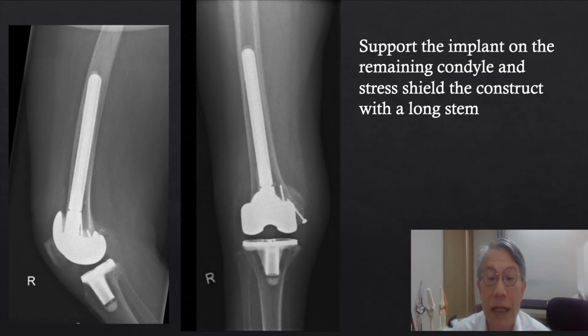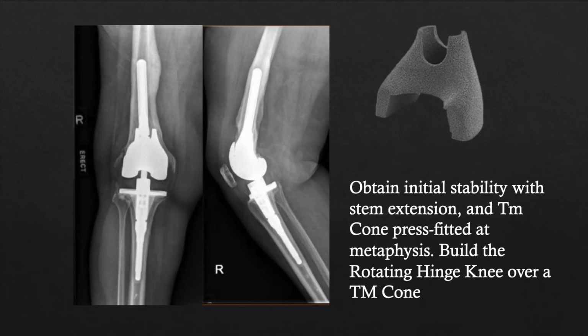Or if you have enough structural support and you just lose one condyle, you can attempt to fix it back for stability of the collaterals and secure the implant on the remaining bone with a long diaphyseal fixing stem and sitting on the cortical bone in the notch. Still possible. Or in a case like this, where you could then get diaphyseal fixation, metaphyseal fixation with a cone, and managing the collaterals that are loose using a CCK type or rotating hinge type constraint implant.